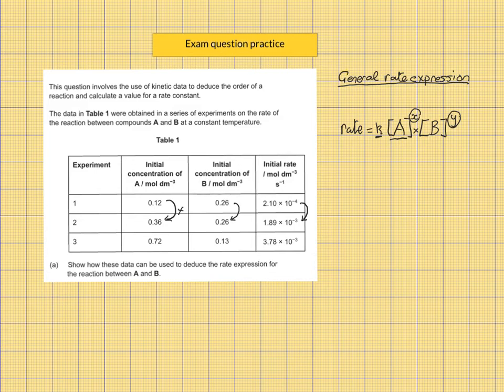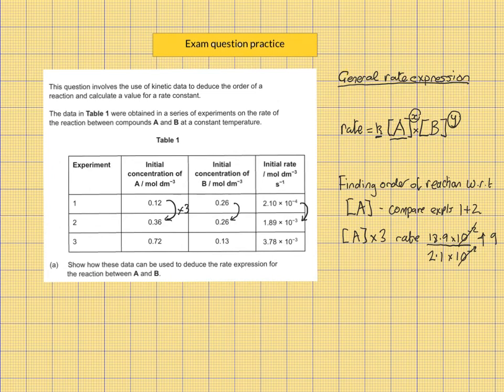So we can ignore the effect of B because the concentration has not changed. And what we can see is that if we increase the concentration of A 3 times, let's look at how we calculate how the rate had increased. So here the rate is 1.89 times 10 to the minus 3.